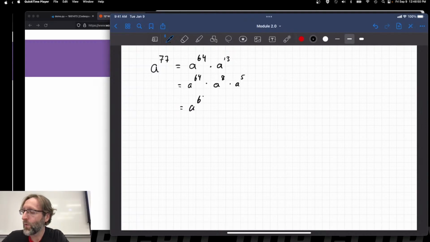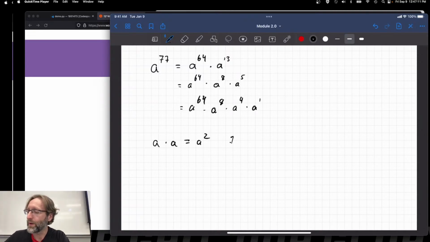A to the 64, a to the 8th. All these are just multiplications here. A to the 4th, and then a to the 1st. Tell me about each one of those exponents. It's a power of 2. How do I get those? Well, I can go ahead and get a squared with one multiplication. All I have to do is square that again.